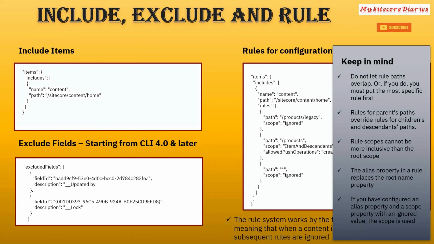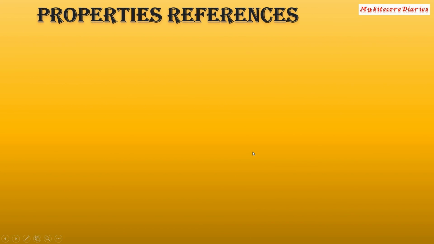If you have configured an alias property and a scope property with an ignored value, then the scope is used. So if you use alias and scope, then scope will be used. So all these configurations are done in the Sitecore.json configuration and the module.model.json configuration. Okay, let's see in detail the properties for each include and the rules.